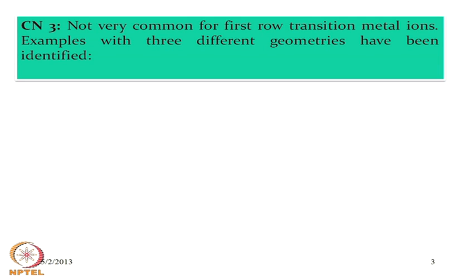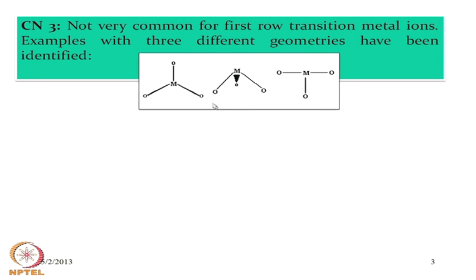Now, we simply move on to a coordination number of 3. In this particular case, which is not very common for first row transition metal ions, examples with 3 different geometries have been identified. So, how can we get those 3?